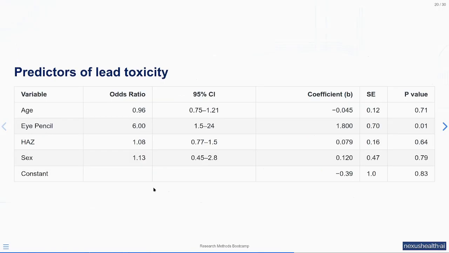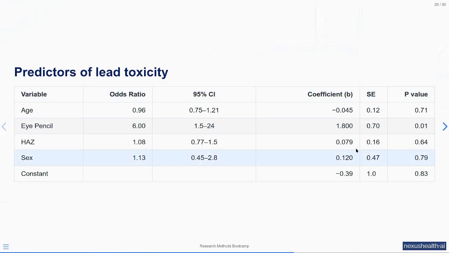All right, so let's look at this brief example that looks at predictors of lead toxicity. The variables we have are age, the use of eye pencil, height for age z-score, sex, and then the constant value. If you look at the odds ratios here, they are 0.96, 6, 1, and 1.113, and these are the confidence intervals, right?